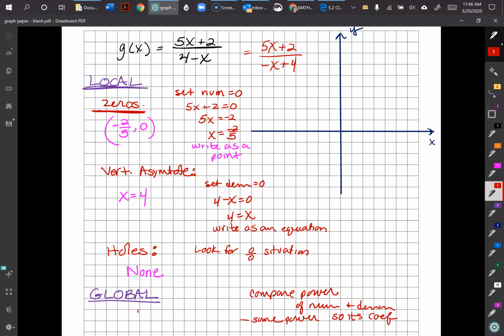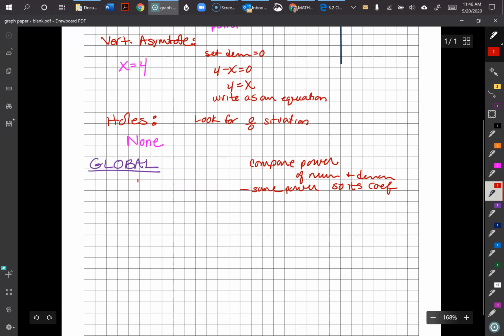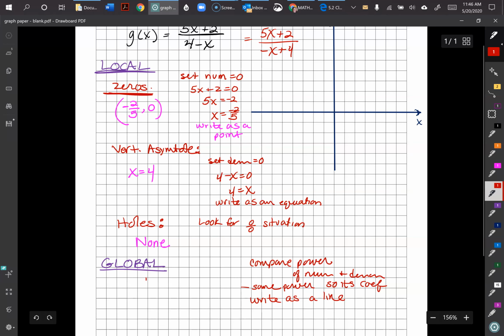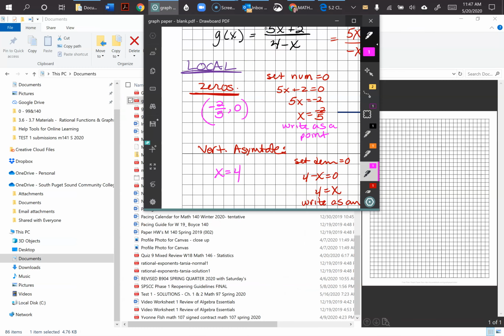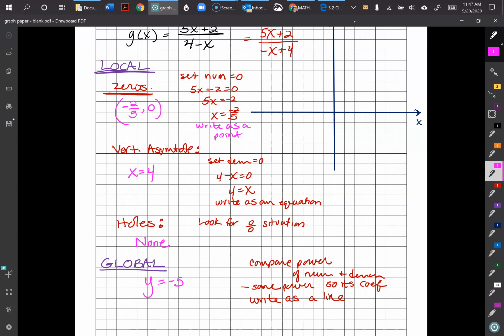Did I do my vertical asymptote? Yeah. And then our coefficient would be a negative 5 right here. So we write that as a line, y equals negative 5. That's why I had to rearrange that, just to make sure that I had my sign correct.